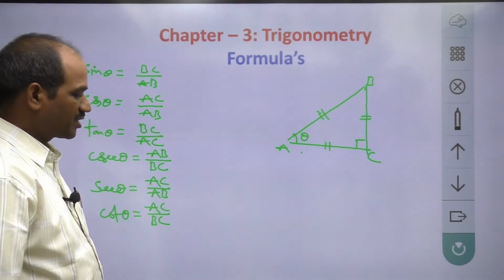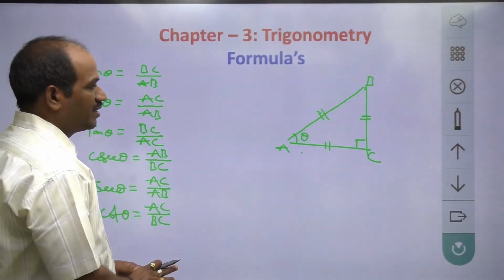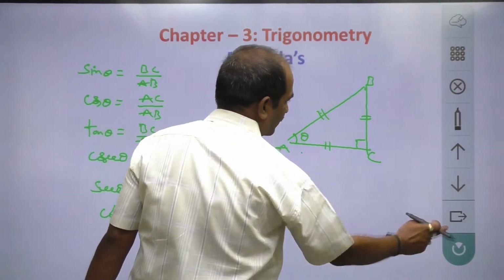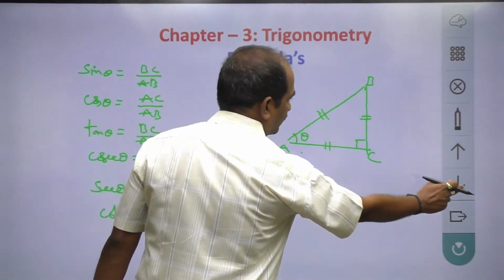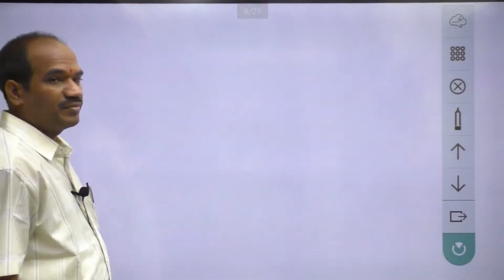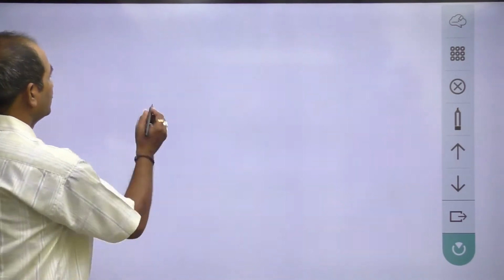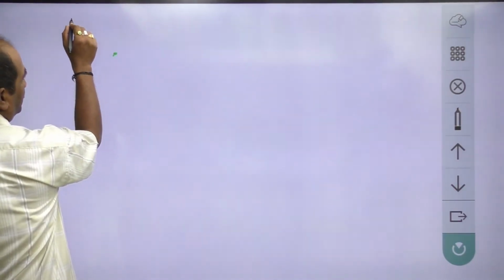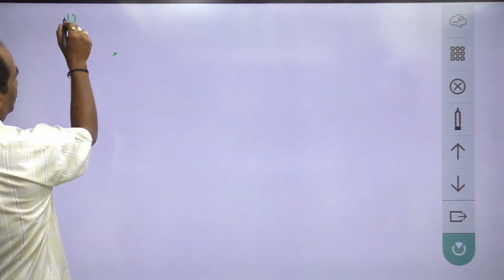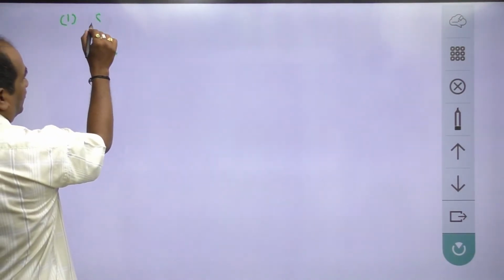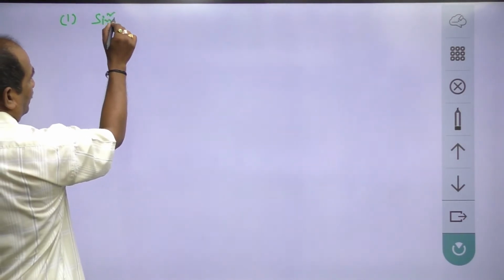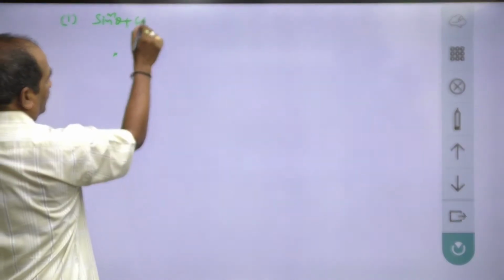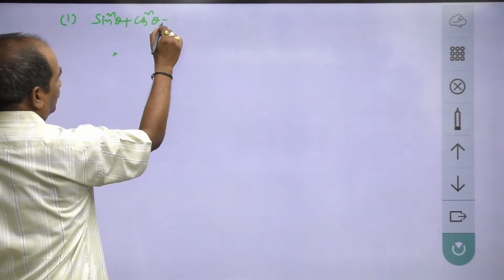Next, trigonometric identities. First, sin square theta plus cos square theta is equal to 1.